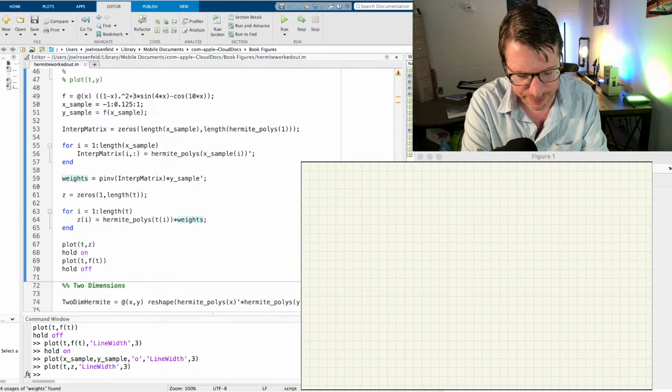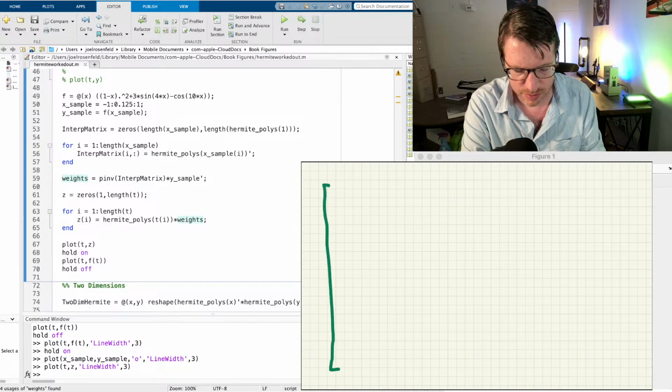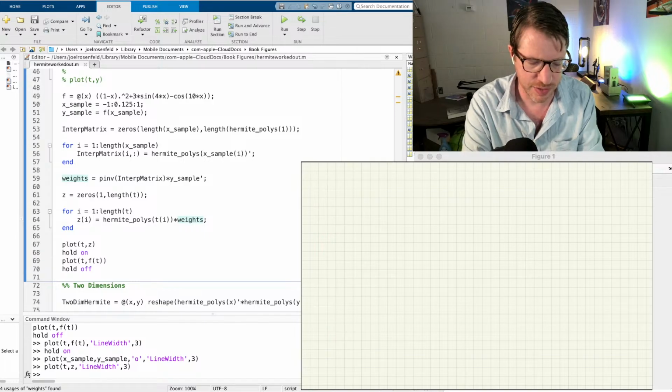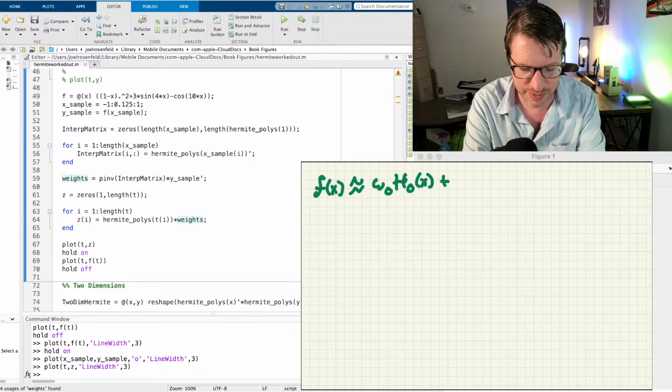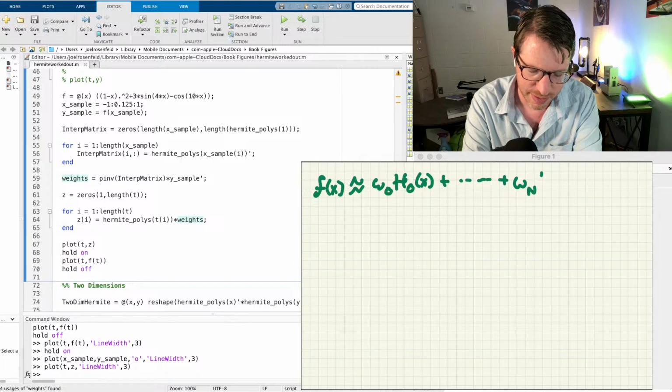Ultimately, the way this works is you make a matrix. Okay, so the goal is you have this f of x, and you're trying to say it is roughly w naught h naught of x plus and so on, all the way down to w capital N times h N at x, right?